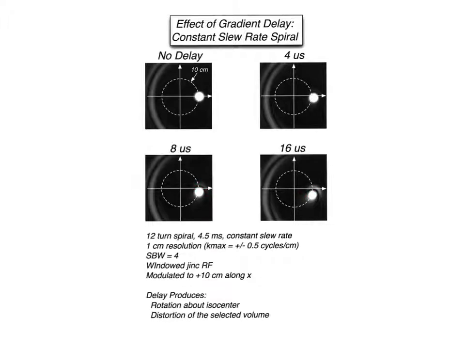So in this case, with practical constant slew rate spirals, we get both a rotation about isocenter and a distortion of the selected volume. And this happens because we're not moving through k-space with a constant angular rate. So different turns of the spiral are delayed by different amounts, and that causes incoherency between the consecutive turns of the spiral excitation.